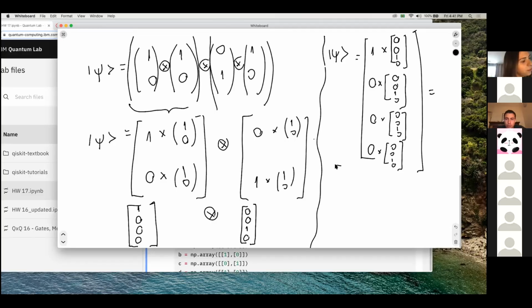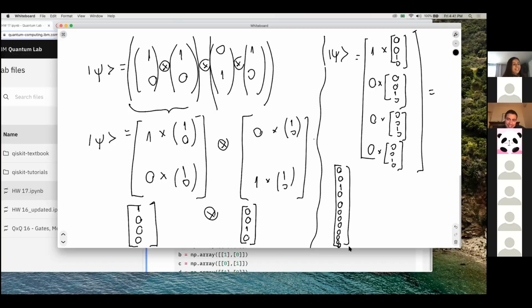I'll try to write it small to make it fit. So 1 times 0 is 0, 1 times 0 is 0, 1 times 1 is 1, 1 times 0 is 0. And obviously for all the rest, all the other 12 numbers I have here, I'm going to have 0 because I have zeros multiplying them. So I'm just going to write a collection of zeros here and a very tiny 0 at the end here.